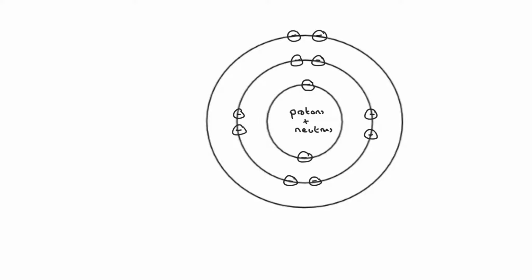Quite often the electrons are just shown simply as either dots or crosses. Now don't forget, because protons are positive and electrons are negative, atoms have no overall charge. So an atom has always got the same number of protons and electrons. Okay? I'm going to show you how to work out the numbers of protons, neutrons and electrons very shortly.